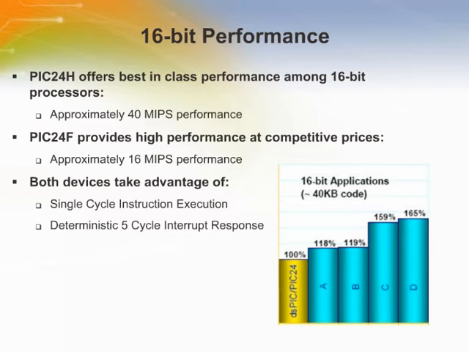The code compiled was a combination of approximately 40,000 bytes of application code used in various application notes. The higher the number, the larger the resulting program memory. A smaller number indicates better C code efficiency.